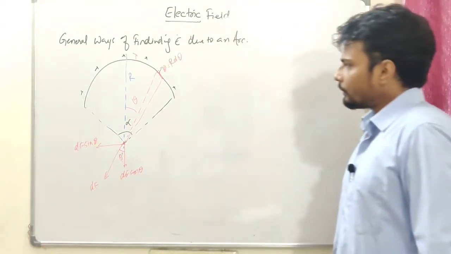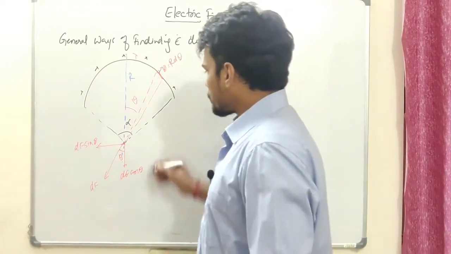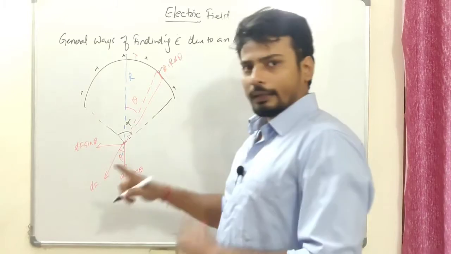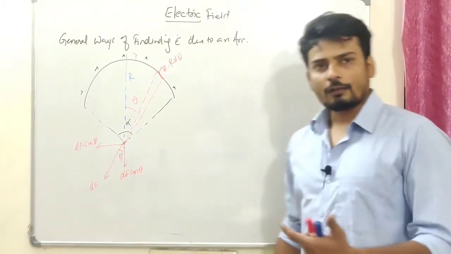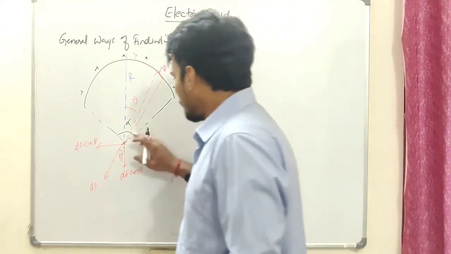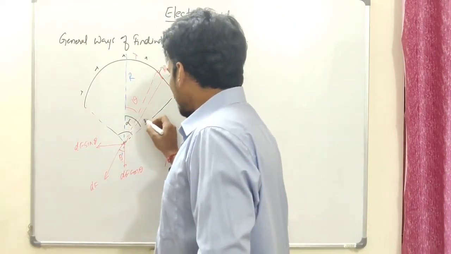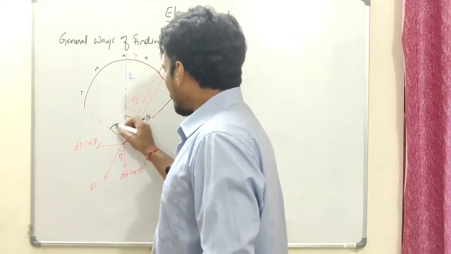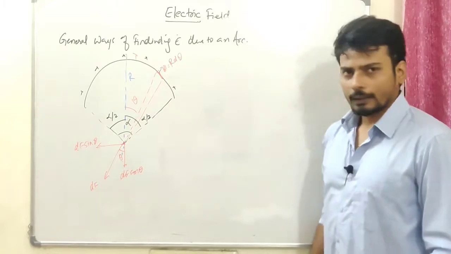Now I know that if it's a perpendicular bisector, this angle should be how much? I'm going to choose clockwise and anti-clockwise in one direction. Either clockwise should be positive or anti-clockwise should be positive, whatever you decide. So okay, let's say this is alpha, then this angle should be alpha by 2, and likewise this angle should be alpha by 2. So these are the standard measures that I'm writing over here.